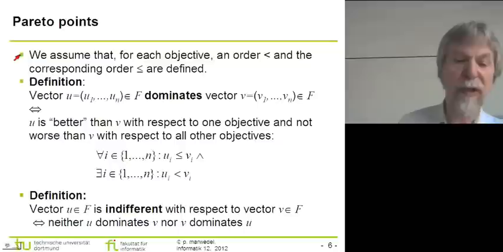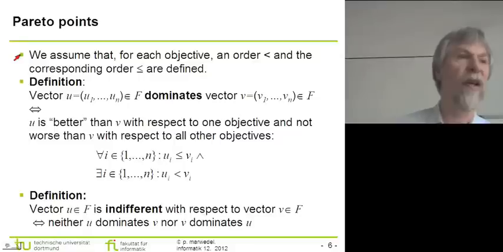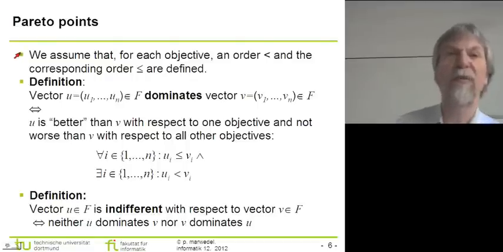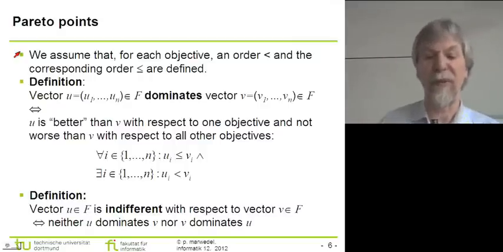So using these definitions of these different spaces, we can introduce a notion that is telling us whether or not one design is better than some other design. In order to do this, we first of all have to assume that a certain order is available. For each objective, we must be able to compare a certain value to the other values that we have there for this objective.